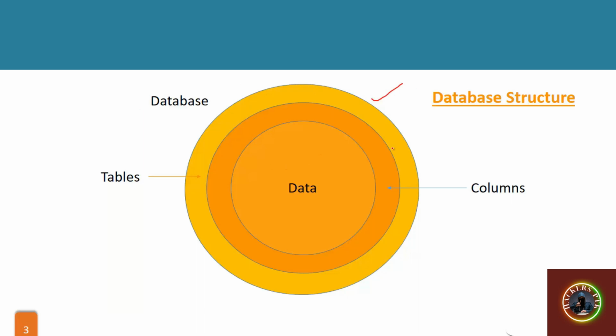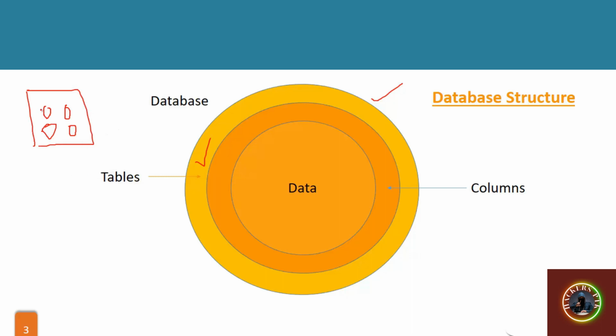Inside the database we have tables. For example, if the database has 4 tables, you will see basically 4 tables inside the database. So it will contain actually 4 tables like this, right? So these tables are inside the database. This is a shell for tables.